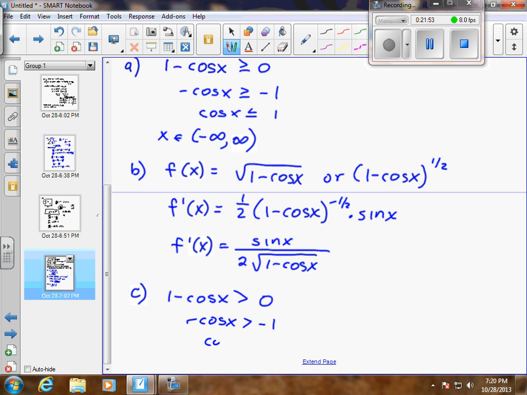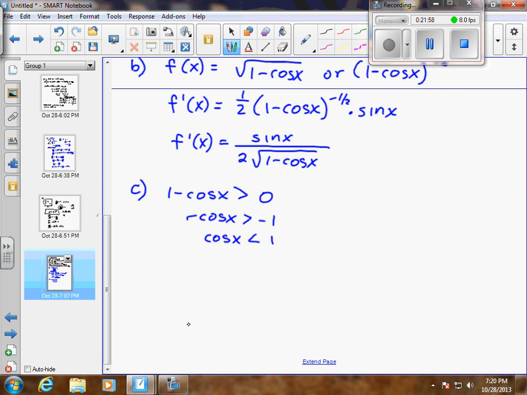The cosine of x is less than 1. Now I want to know what numbers I can put in there to make sure the cosine of it will be less than 1. Everything except 0 and 2 pi, or actually multiples of 2 pi, because 0 or 2 pi will make the answer 1, and I don't want it to be 1.